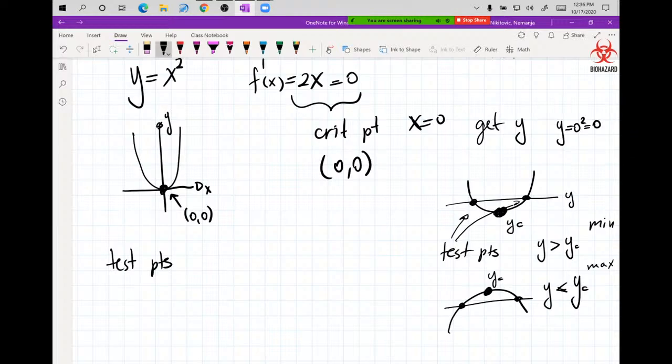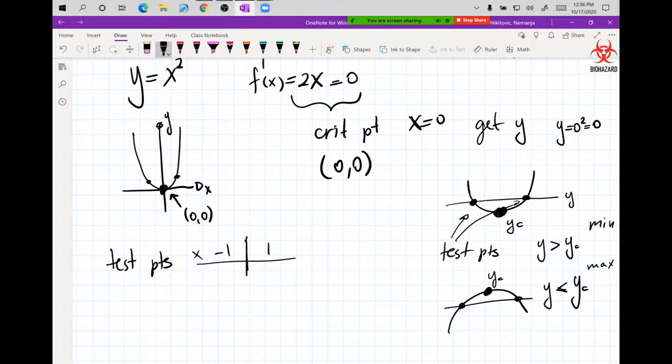So now I can pick a test point of -1 and another test point of +1. You can do 0.1 or 0.0001 to be closer, but I'm just going to pick these two values.